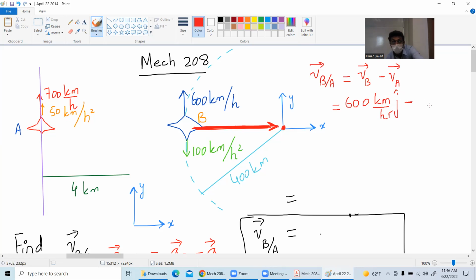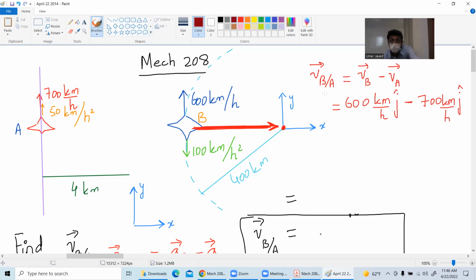You said 700, right? Kilometer per hour J. I think in per hour you don't have R, right? You can just double check these little things.